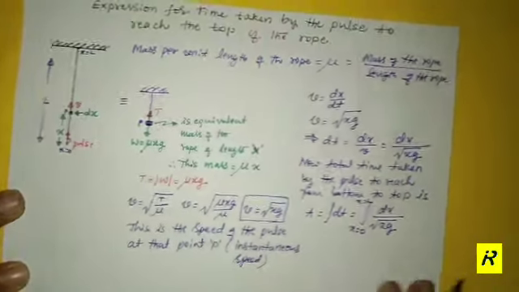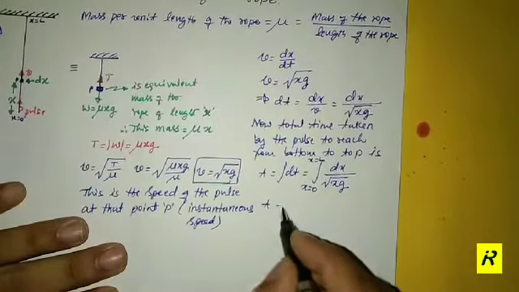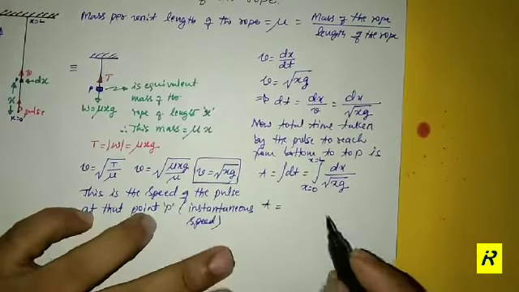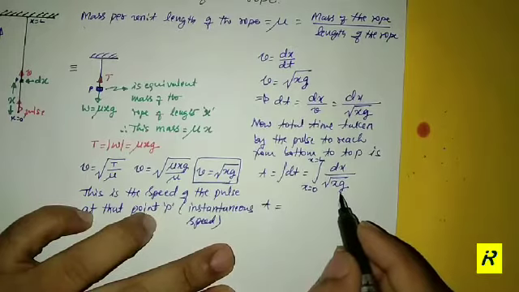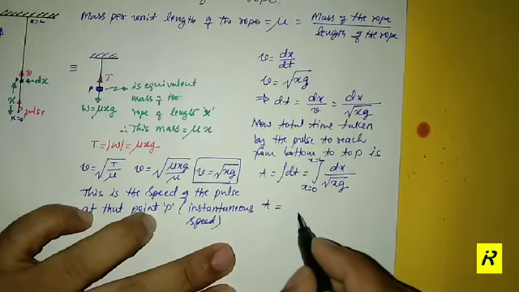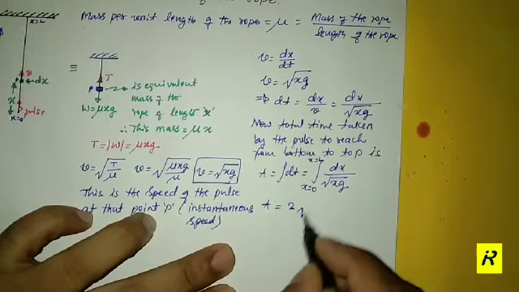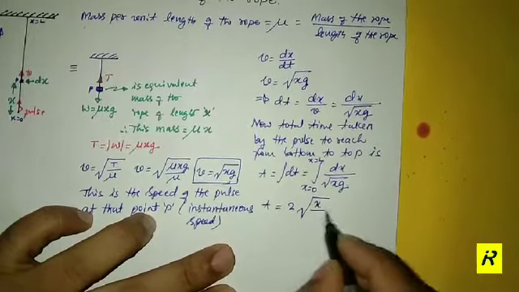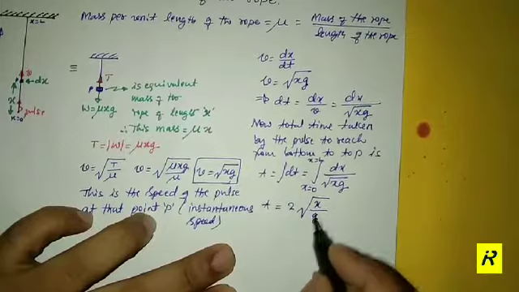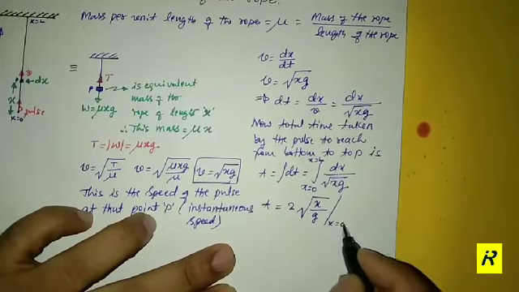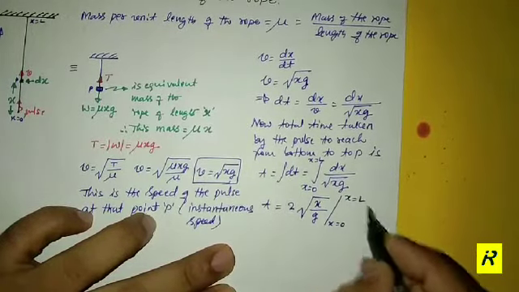So now if we do this, we will get t equals 2 times the root of x divided by g, from the limit x equals 0 to x equals L.